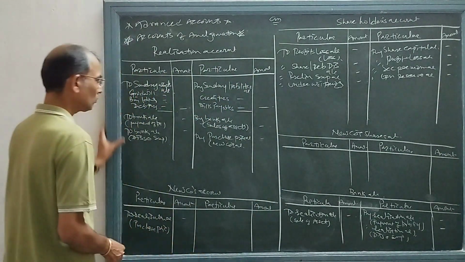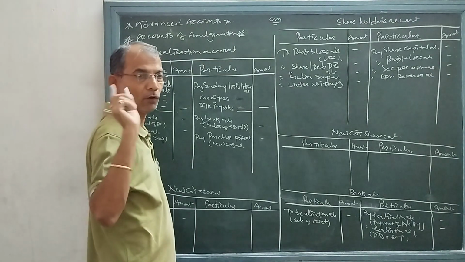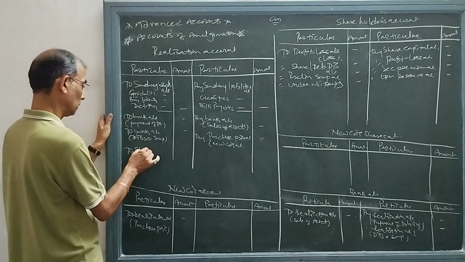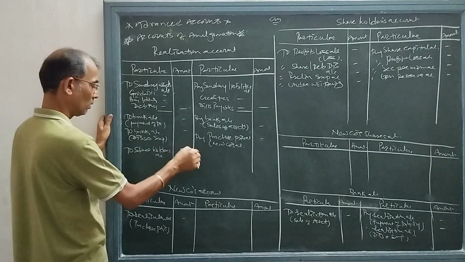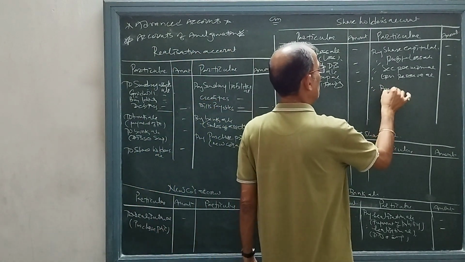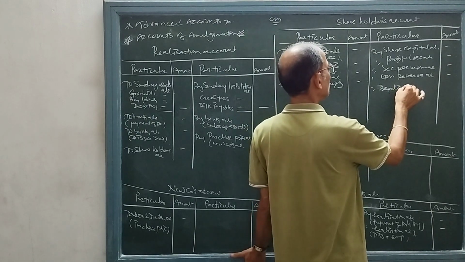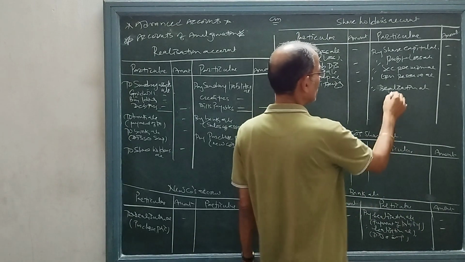Now the realization account will be tallied and the profit or loss will be found out. If there is a profit, then on the credit side of the shareholders account: By realization account, that is profit.